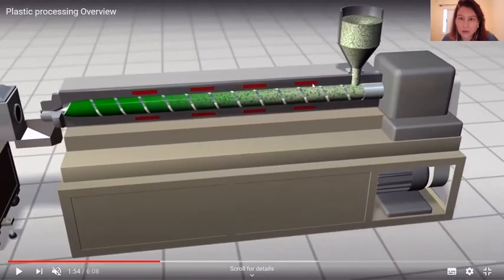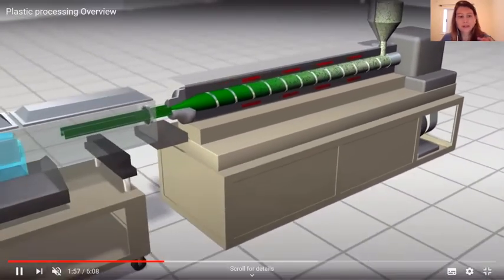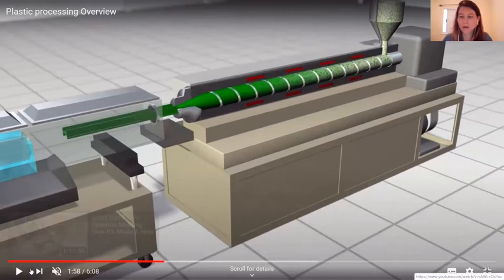In red are represented the heaters, and so we control the temperature of the polymer, and the polymer will melt and be compressed between the screw and the barrel. This pressure will facilitate the mixture of the polymer, fillers, additives, and so on.